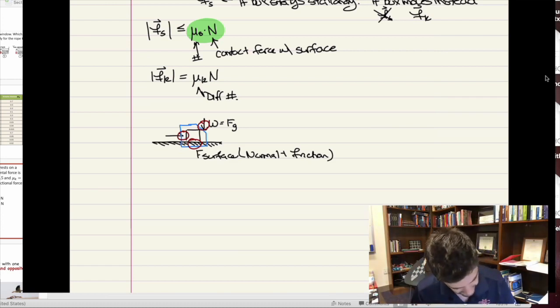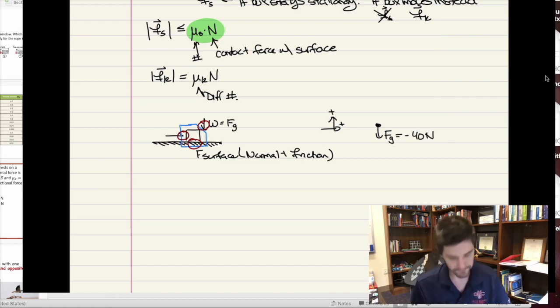All right, so the free body diagram: there's gravity pointing down, the weight, which is just mg, but I tell you that the weight is 40 newtons. So if up and to the right is positive, this might then be negative 40 newtons downward. I'll use the IJK notation. I haven't done that in a while.